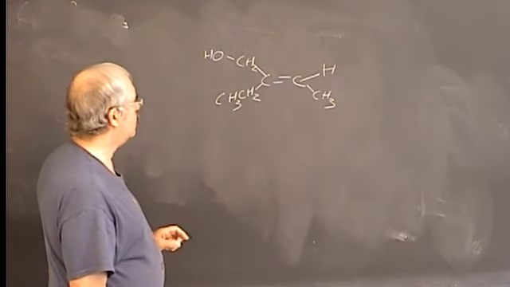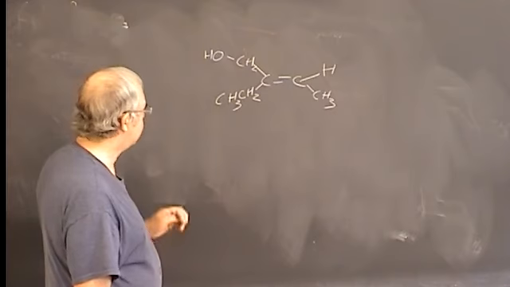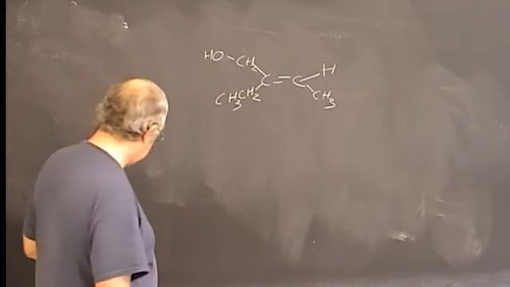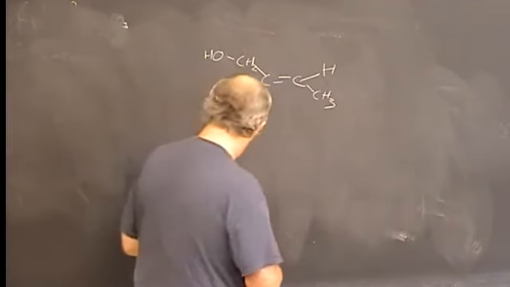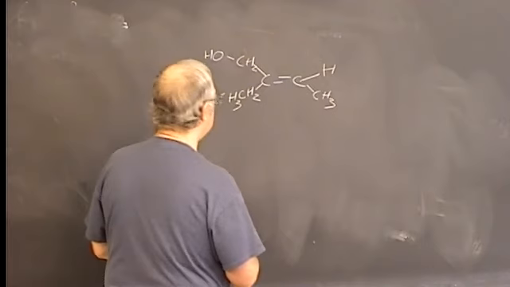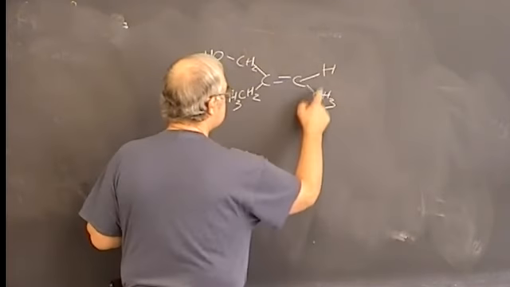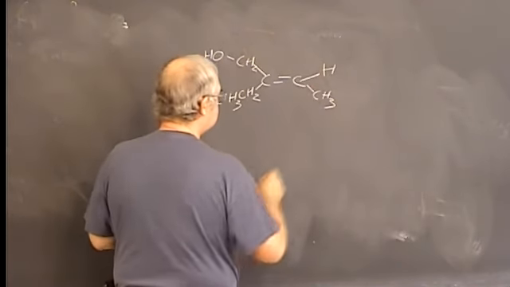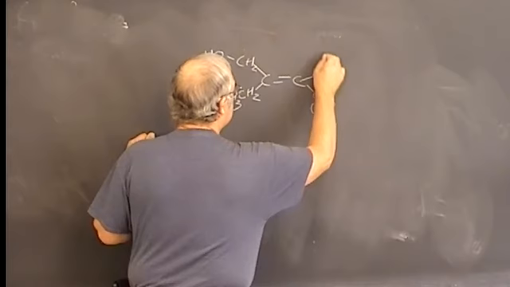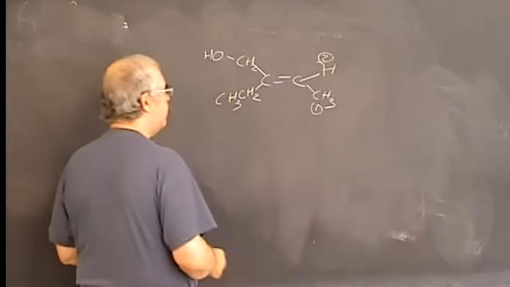In order to determine E and Z, again, we compare atomic numbers. We compare the atomic number of the first atom. That's easy in this case because carbon wins out over hydrogen.